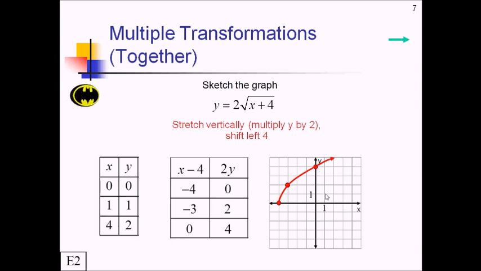Now, I think you'll agree this one would have been a little bit tougher to do just by moving points around. It's still possible, but with the table, you're less likely to mess up. Now, having said that, if you graph something from this table that looks completely not like a square root function, then double check your math. Whatever this ends up looking like, it should still have that square root shape.